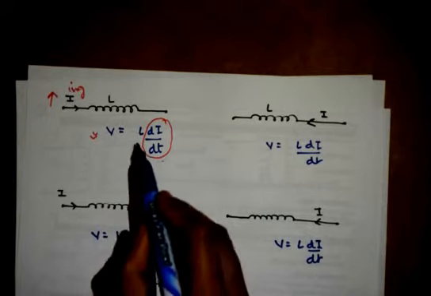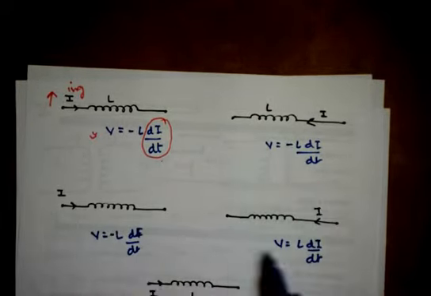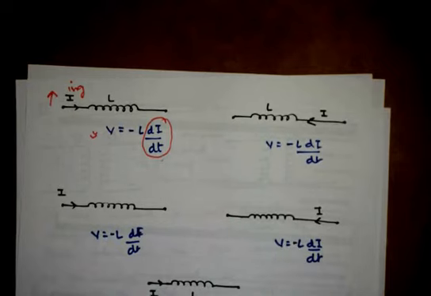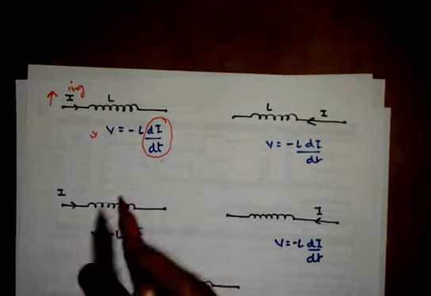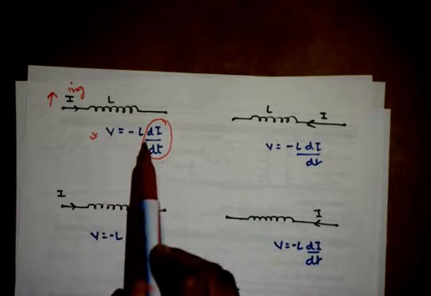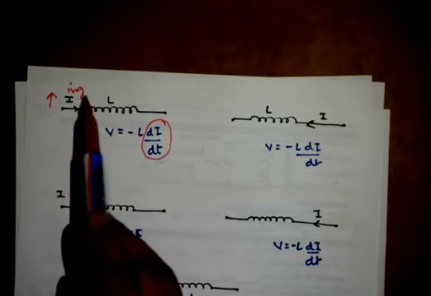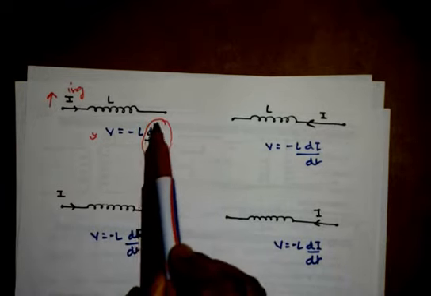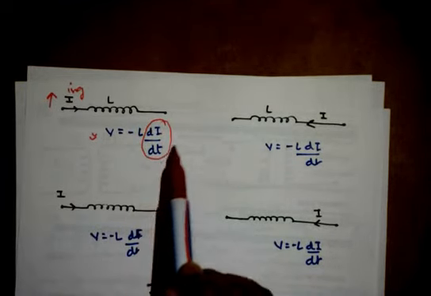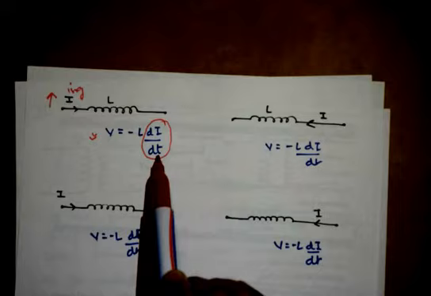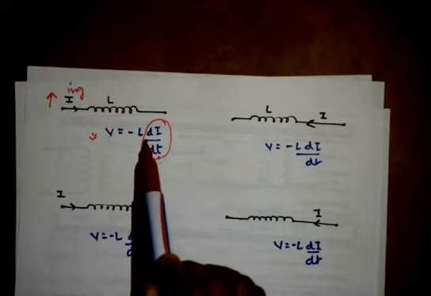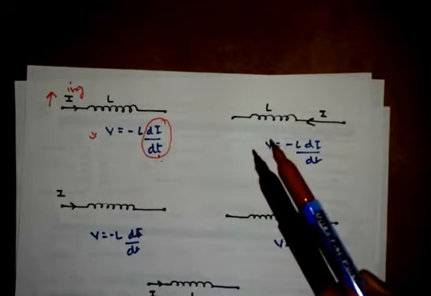The formula for induced EMF is not L di by dt, in fact it is minus L di by dt. We have already derived it, sorry for that. V is equal to minus L di by dt. Now if the current is increasing, this term di by dt is positive.